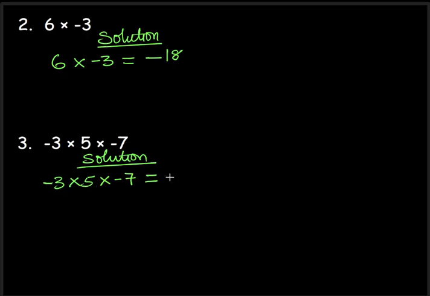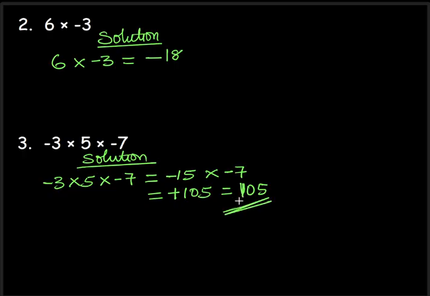So minus times plus, minus 3 times 5, so minus 15 times minus 7. That will give us minus times minus, that will be plus 15 times 7, that will give us 105. So plus 105 is the same thing as saying 105.